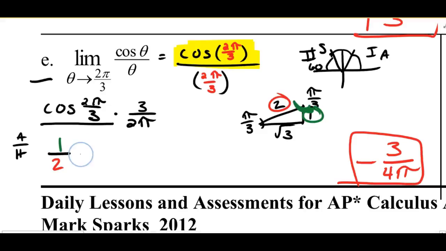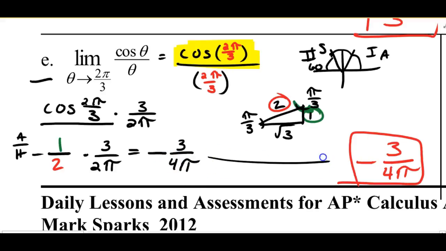So I get 1/2, and that's going to be negative, because it's cosine in the sine quadrant, times 3 over 2 pi. Negative times a positive is negative. 1 times 3 is 3. 2 times 2 pi is 4 pi. Negative 3 over 4 pi is my answer.